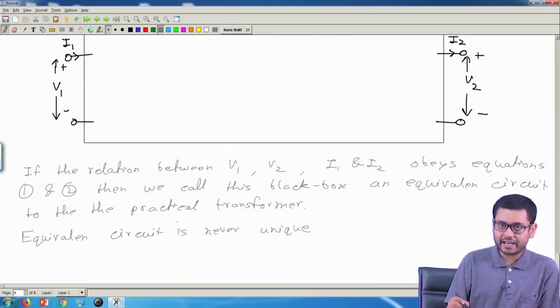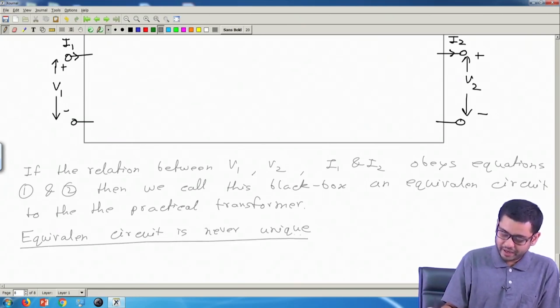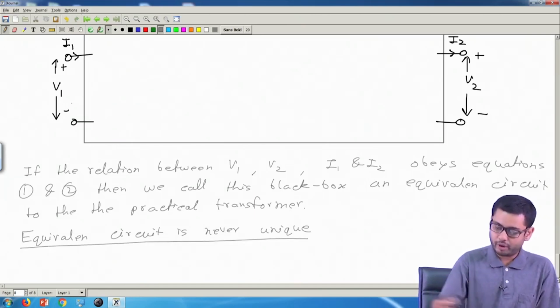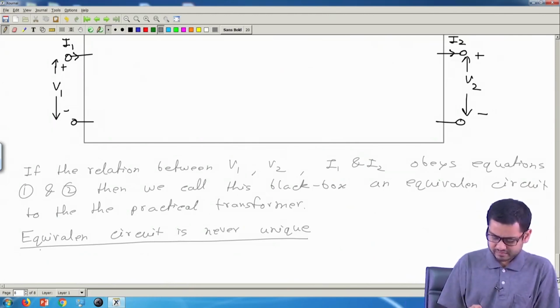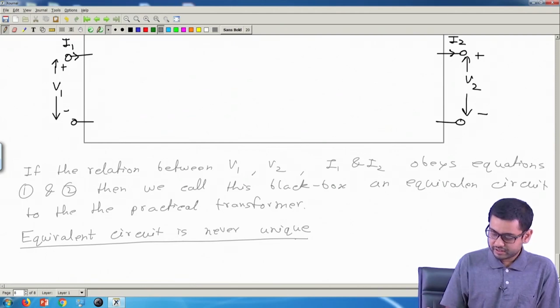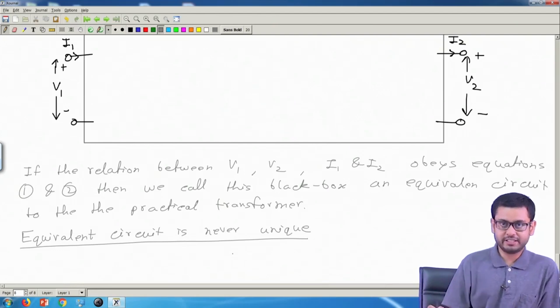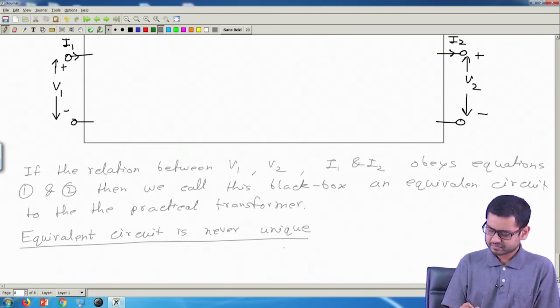So I can design many different circuits which will obey these equations 1 and 2 from outside. So this is not unique. But we will design or show you one circuit which is most commonly used in electrical engineering.